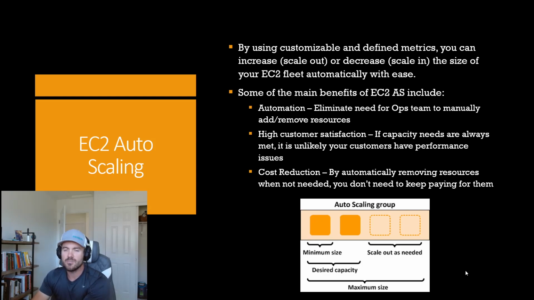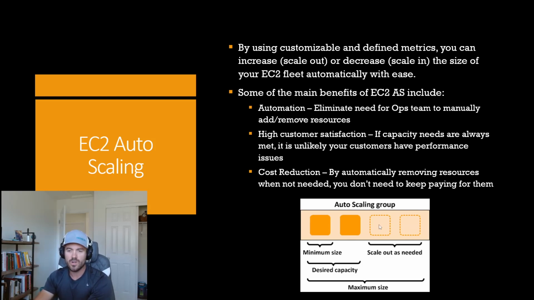But there are times where maybe a holiday comes and we sell apparel. And everyone's going Black Friday shopping. In that case, we're probably going to get higher demand, so we need to scale out an additional 2 instances. Okay, that's going to be the maximum size that will meet our performance requirements. All right, but once that holiday ends, and our traffic and our demand dies down, we don't want to keep those instances because we'll just be paying for them even though we're not really using them.